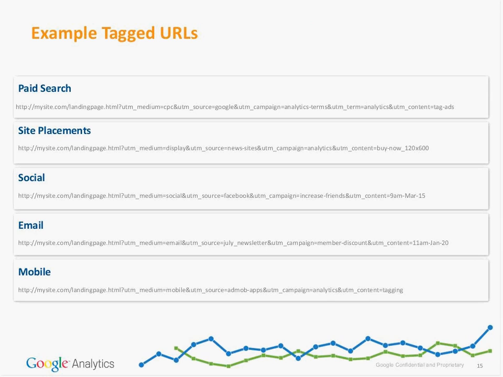Example tagged URLs. This is what it ends up looking like, and this is why link shorteners can be helpful. Not that users tend to look too hard at the destination URLs after you've sent them to your site, but you can see there is the URL itself, then the question mark, and then we go into the parameters: UTM medium, source, campaign, term, content. You can see these other ones lack the term parameter.